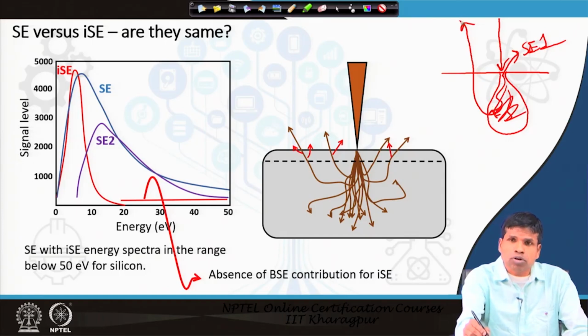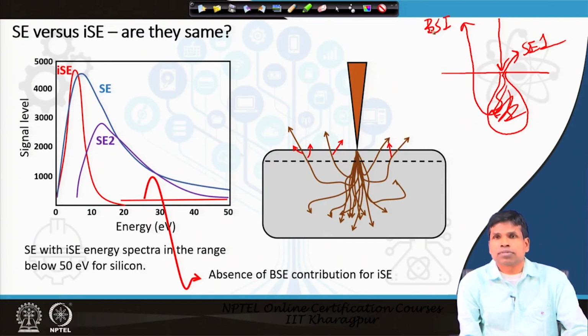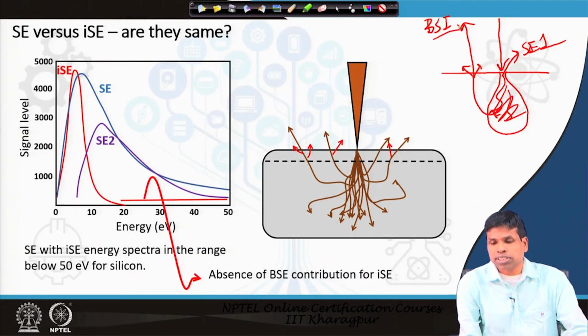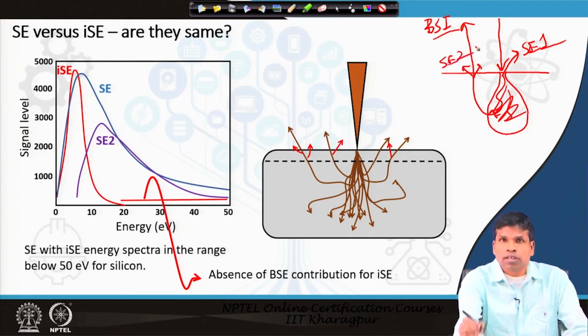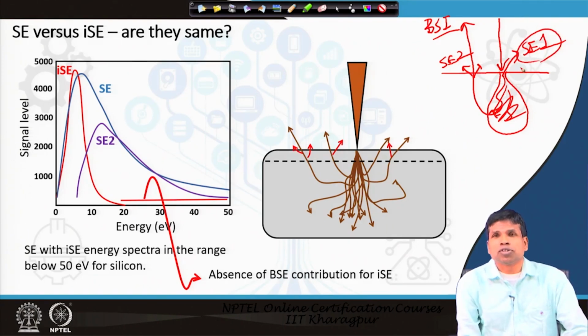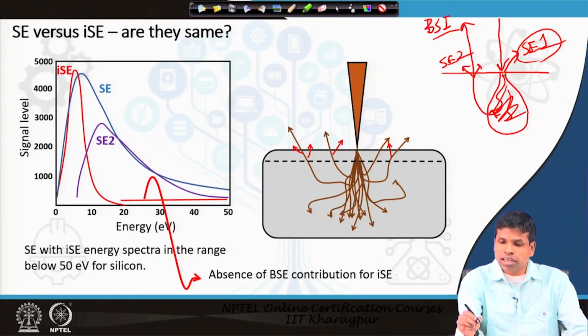With less chance to come out, certainly the back scattered ion yield is also less. As back scattered ion yield is less, similarly SE2 will also be less. When SE2 is less and SE1 is more, we have a better resolution, because SE1 is coming from the region where the incident ion or electron is falling on the sample.